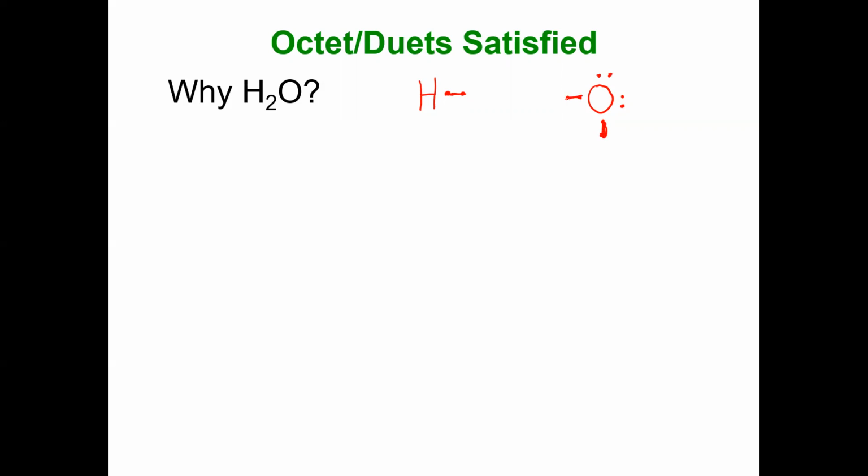So how could this happen? Well, we know that the oxygen has 6 valence electrons, but wants 8. Each hydrogen has 1 valence electron, but it wants 2. As these atoms approach each other, the valence electrons in their outer orbitals begin to overlap.